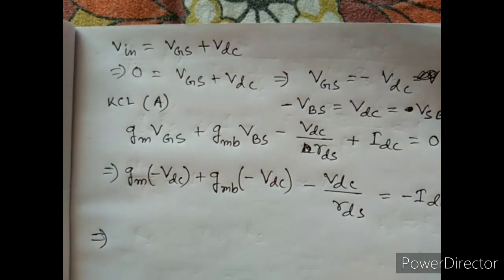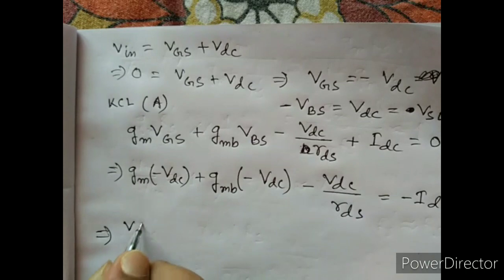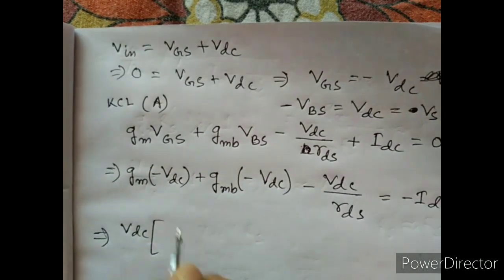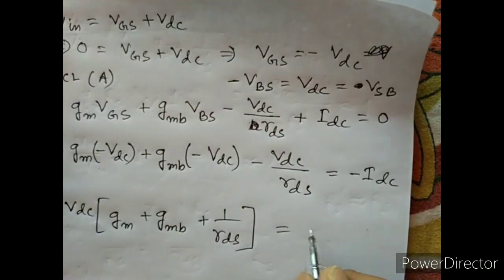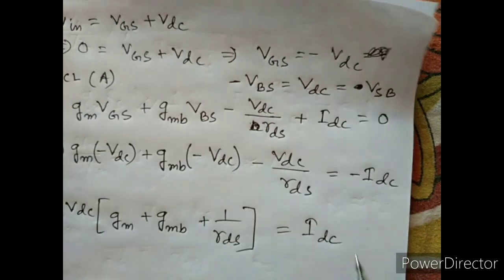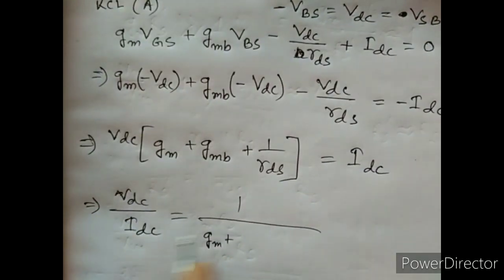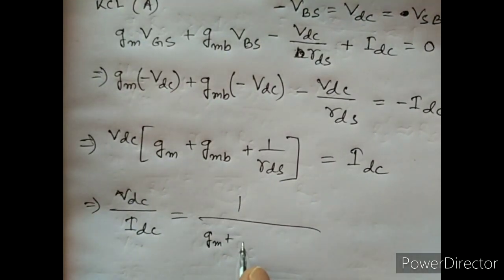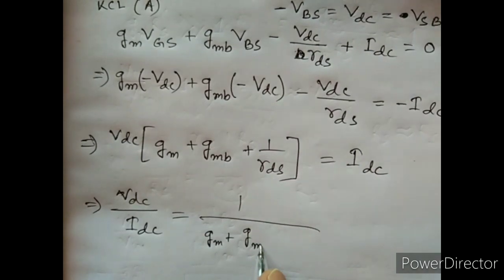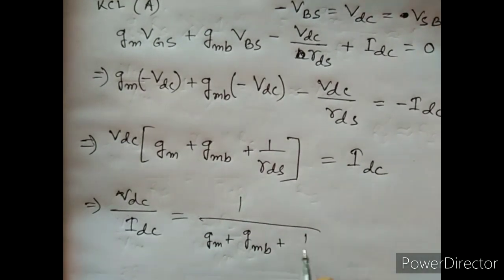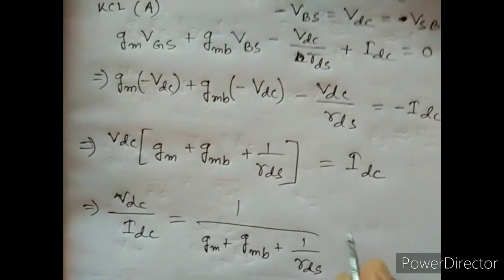From there we can write VDC gm equals IDC. Okay, so from there finally we can write VDC by IDC equals, one can write 1 by gm plus 1 by gmb plus 1 by rds.